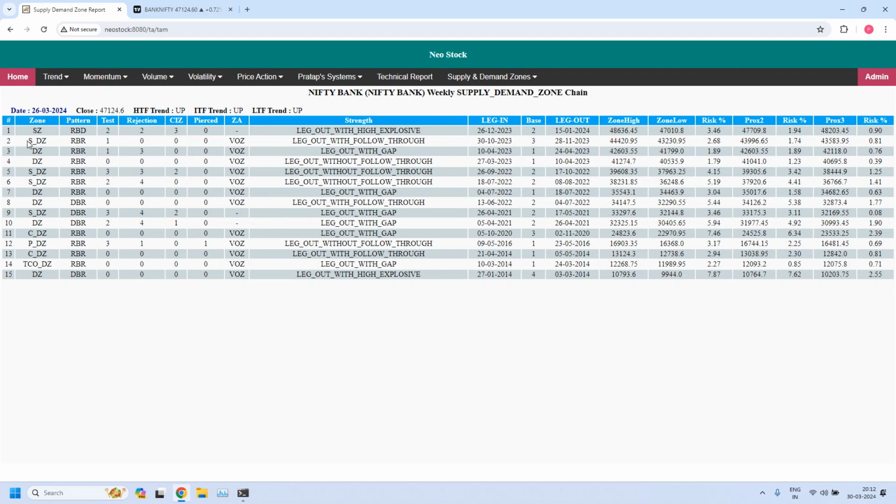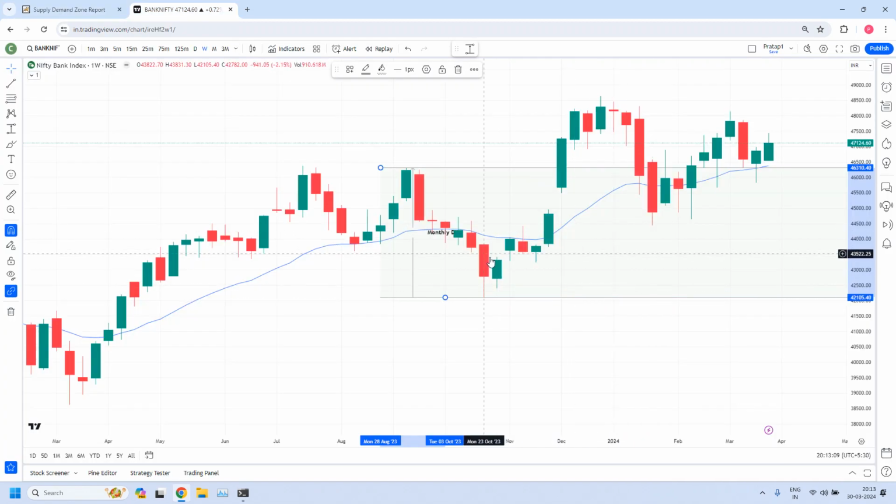First let me draw this demand zone. This is a high liquidity demand zone. Already tested once. But my high liquidity zone supports multi-testing. So this is a weekly time frame. So when is the leg-in? This is on 30-10-2023. After that we have 3 base candles. So this is the one.